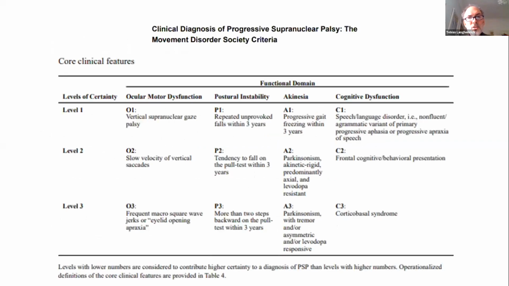Now I've picked out a couple of disorders and then I will have finished. The first one I've picked out is the progressive supranuclear palsy. The reason is that it mimics other conditions and causes differential diagnostic problems for several reasons.